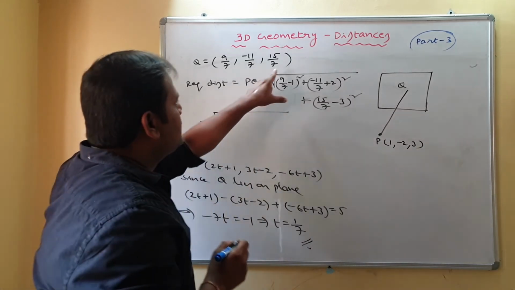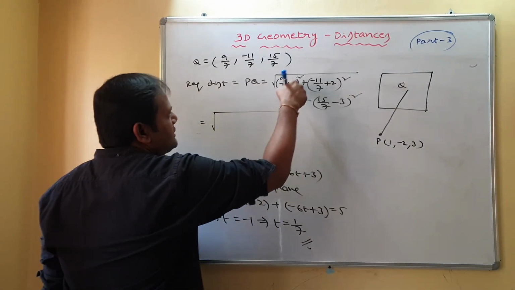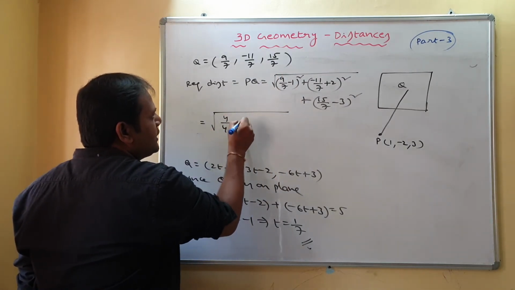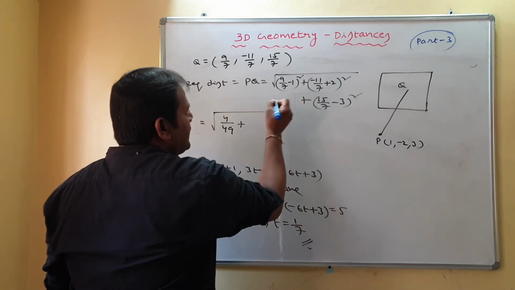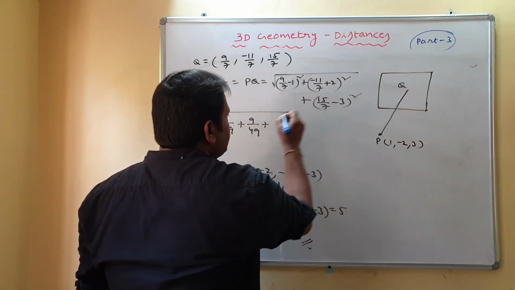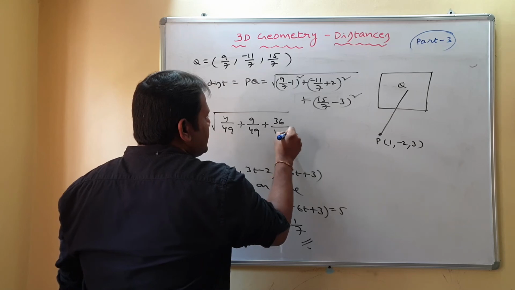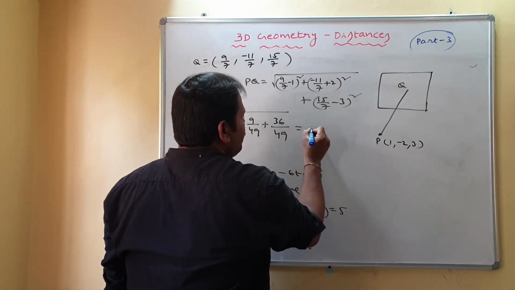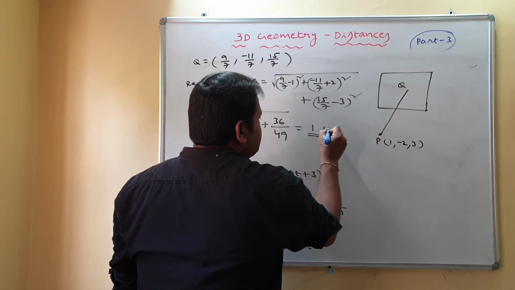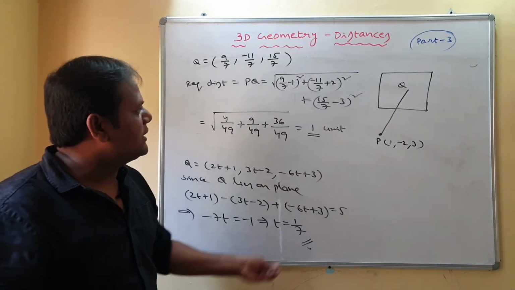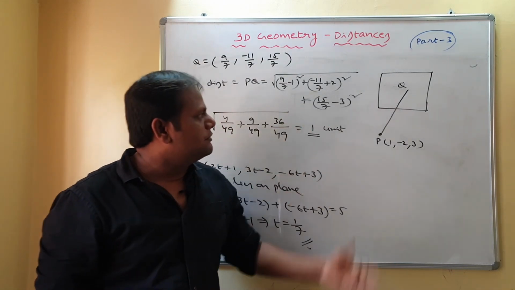So under the root, 9 by 7 minus 1 is 2 by 7, so 4 by 49, plus minus 11 by 7 plus 2 is 3 by 7, so 9 by 49, and plus 36 by 49. So it is root of 49 by 49, so it is 1. So the distance from the given point to the plane measured parallel to the given line is 1 unit.